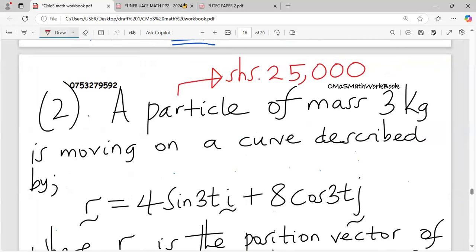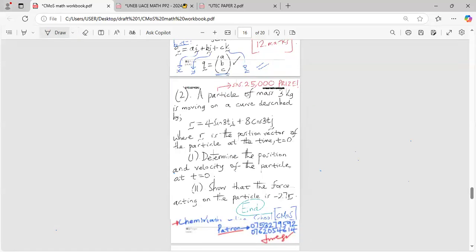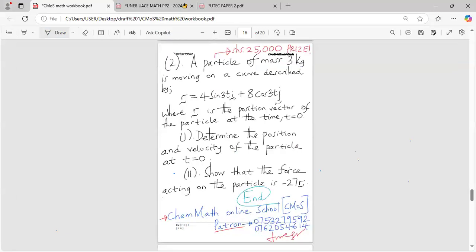That is the prize. So unless someone has a concern, but otherwise, I think that is the end of the facilitation, unless someone has a burning issue. But that is the end.